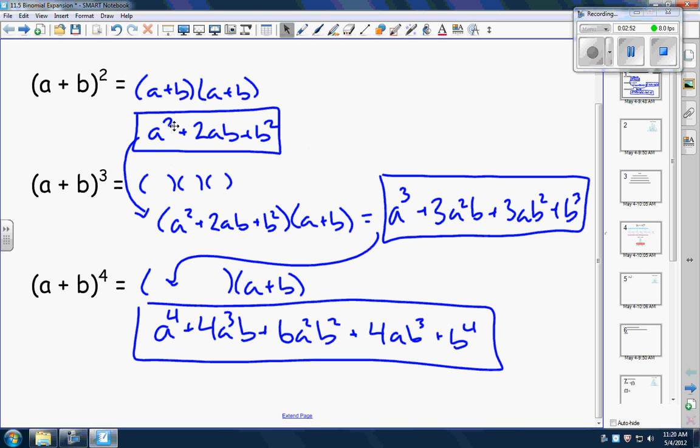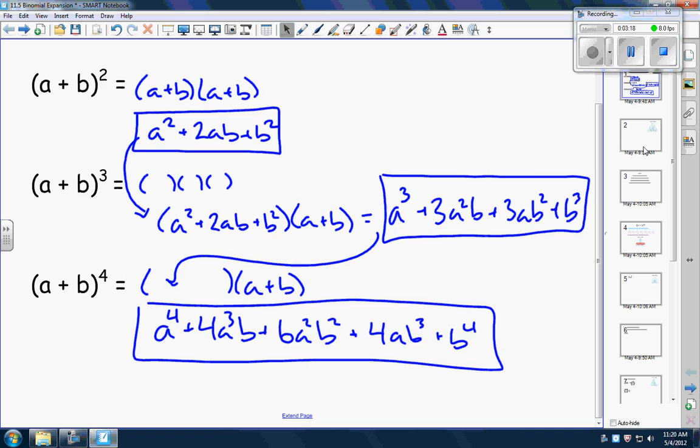So 2 A's, 1 A, 0 A's. 3, 2, 1, 0. 4, 3, 2, 1, 0. Okay, B's go backwards. So there's no B's, 1 B, 2 B's: B to the zero, B to the first, B squared, B cubed, B to the fourth.